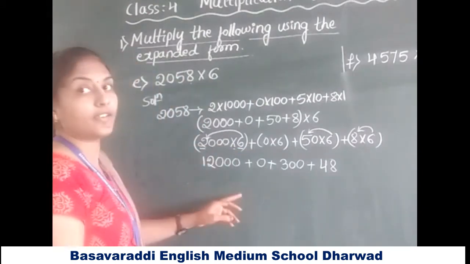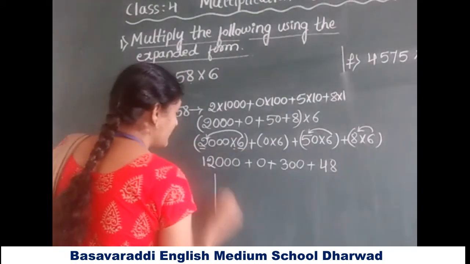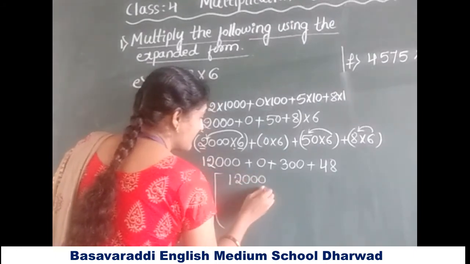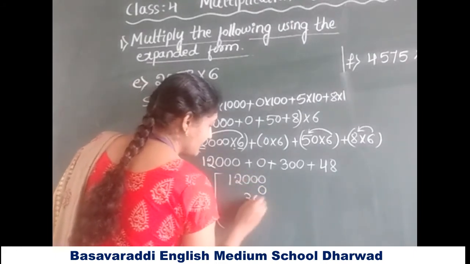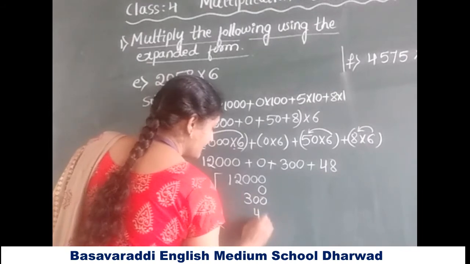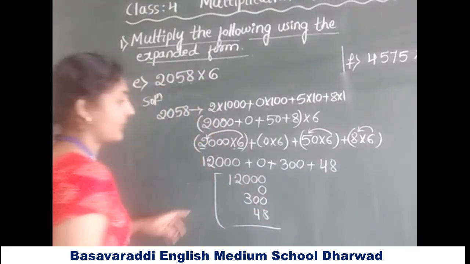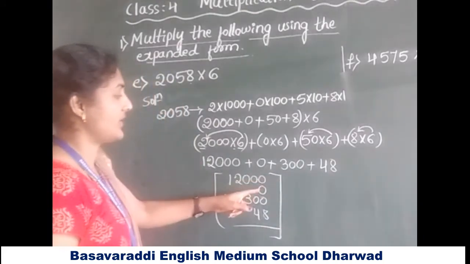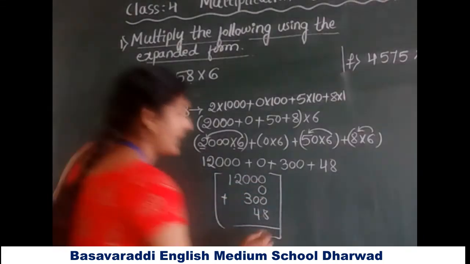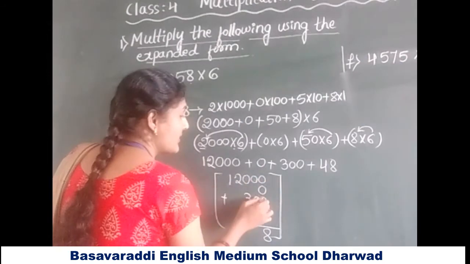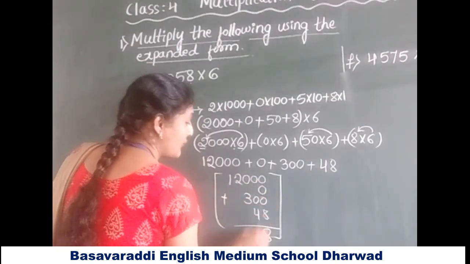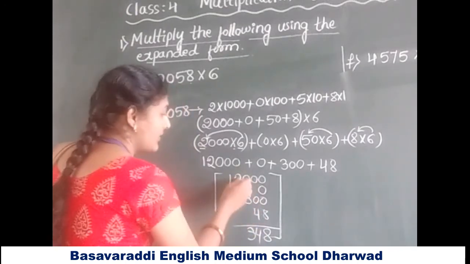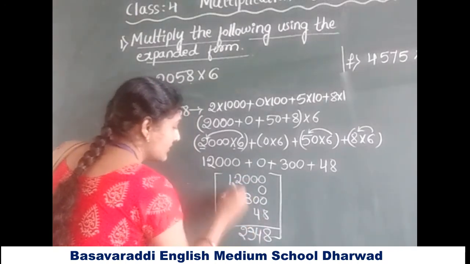Add all the addends there. Arrange all the numbers in the columns. The 0 plus 0 is 0, 0 plus 0, 0 plus 8 is 8, 0 plus 0 plus 4 is 4, 0 plus 3 is 3, and 2 as it is, the 1 as it is.